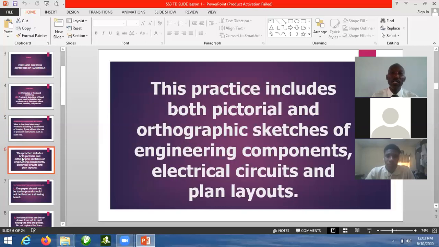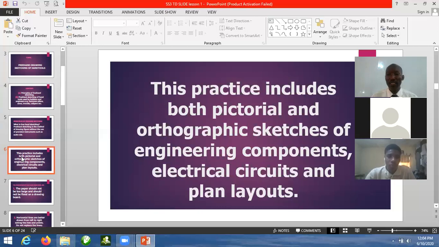This practice includes both pictorial and orthographic sketches. That is, a freehand sketch can include pictorial drawings and orthographic sketches of engineering components. Those components could be electrical components, building components, mechanical components, and many others like that.